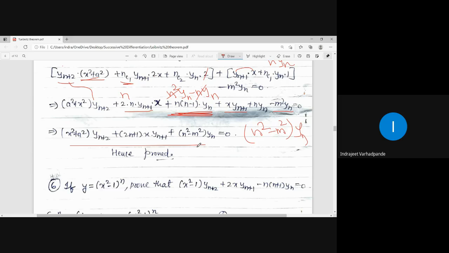Clear? Is this the result? Yes, sir. So this is how we have to obtain the given result. I hope the statements are clear on how to apply the Leibniz theorem.